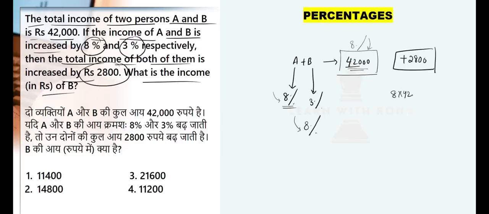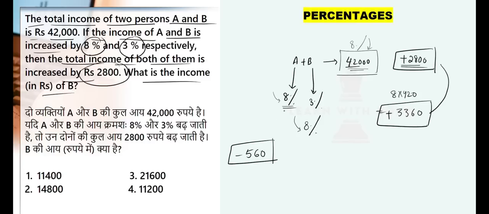So 8% is 8 times 420, 3,360 rupees should be increased. But actually the amount increased is 2,800. So how much less? 560 rupees less increased. Why? Because B is increased only 3%, which is 5% less. So this 5% value we got is 560 rupees.